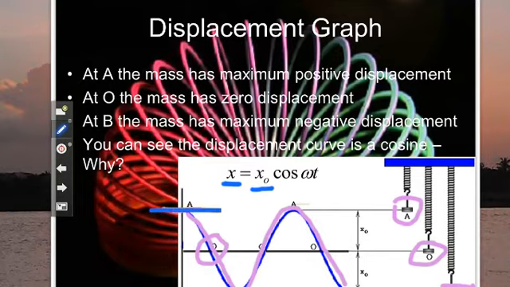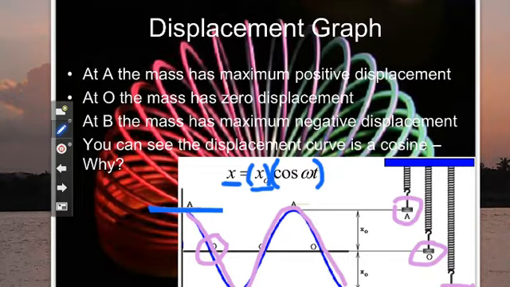That's this thing right here. That's this level here. And so at any given point, our displacement is the amplitude, x sub 0, times cosine of omega t.